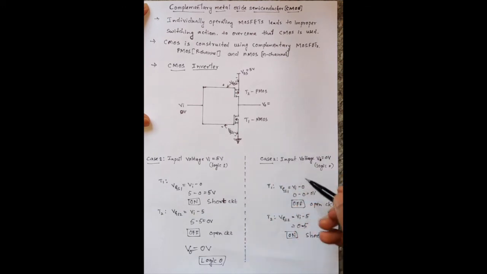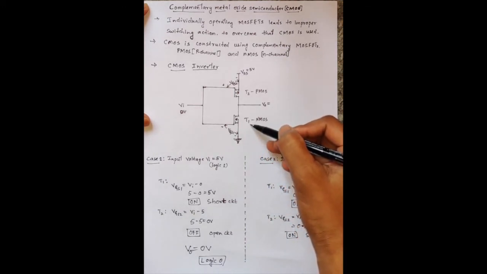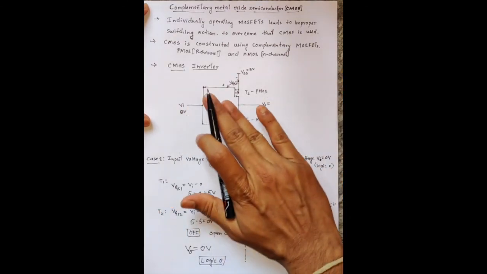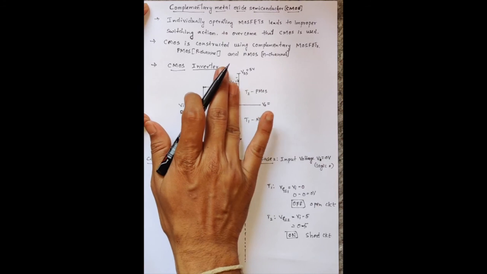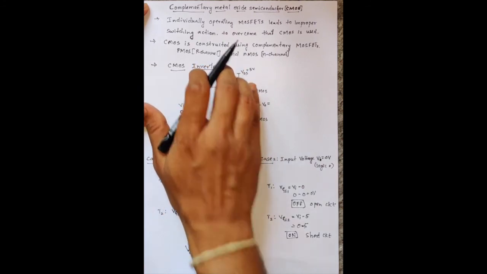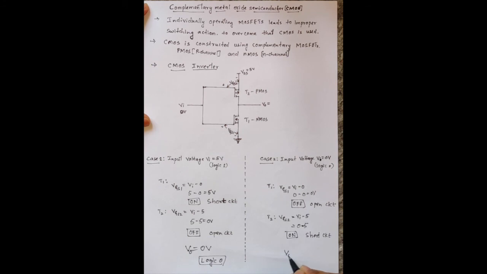Now in the second case, transistor T1 is an open circuit and transistor T2 is a short circuit. This is open circuit and this one is short circuit. So the output voltage is directly connected to VSS here, 5 volts. So V output will be equal to 5 volts, logic 1.